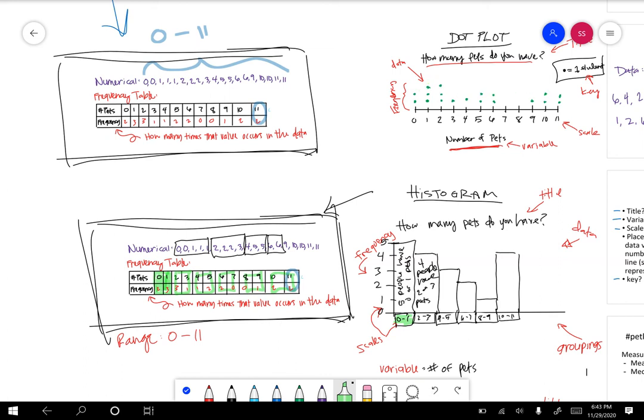We have a lot of people who have a smaller number of pets, and then a weird odd 4 people who have a lot of pets, right? So the pattern there is still the same from the histogram to the dot plot. So again, those 2 are really good for showing frequency and how spread out the data is, or the pattern of the data.